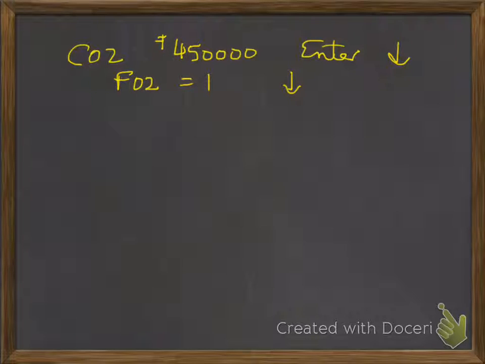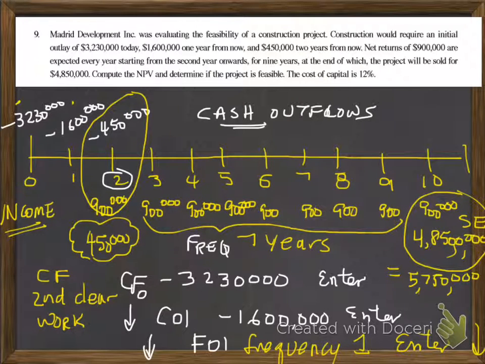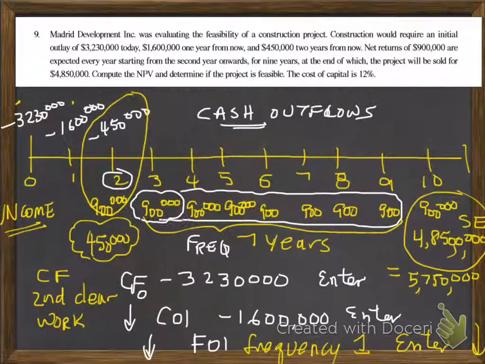So now we're into C03. What do we enter for C03? If I go back to the time diagram, the C03 entry is going to be this $900,000. In fact, the third entry of $900,000 is going to be carried on consistently for a total of 7 more years. So 900K for 7 more years.